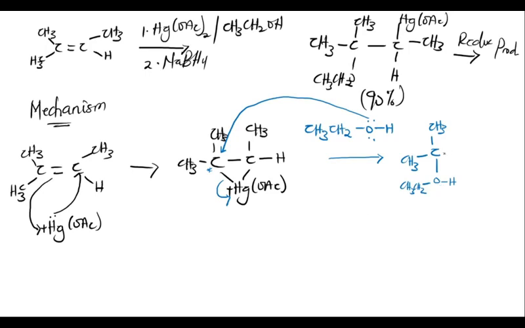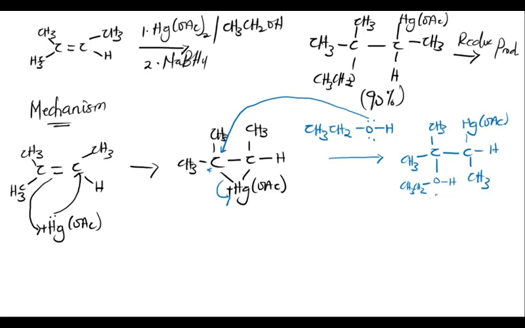So from here we have the carbon, then this is supposed to be at the bottom over here, but I'm just sending it to the top. It's still the same. I have the hydrogen, and then I have the CH3 now at the bottom.